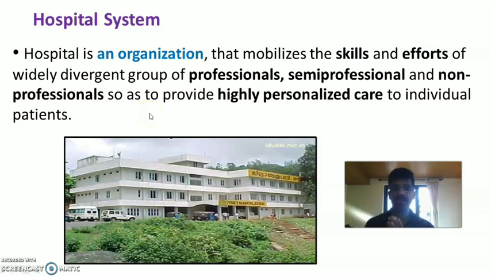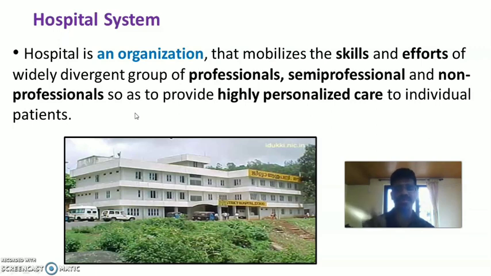So hospital consists of different categories of personnel: professionals, those who have completed professional courses, then para-professionals or semi-professional employees, and even non-professionals like supers and attenders. So it has to provide highly personalized care to individual patients. Here the ultimate aim is rendering highly personalized, quality and comprehensive care to the patient.